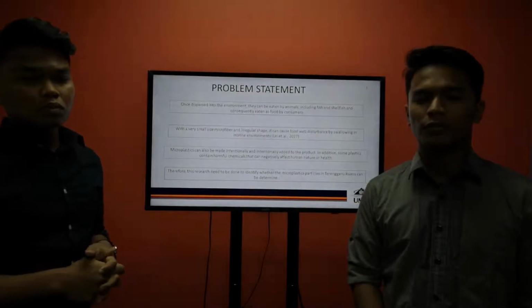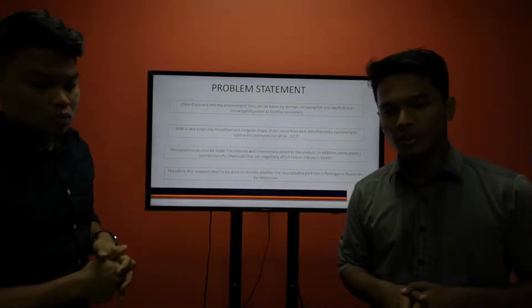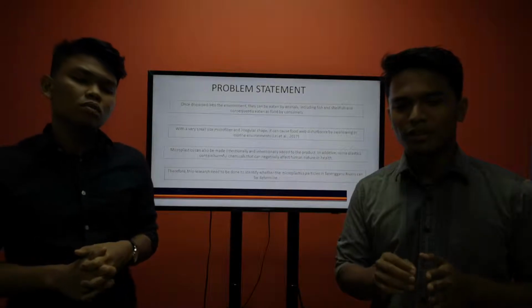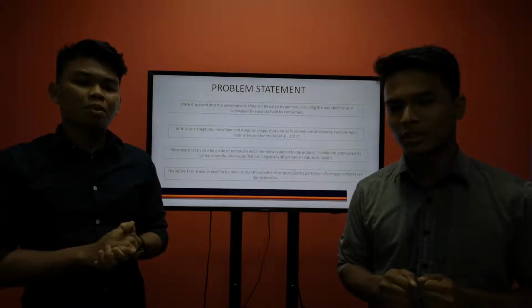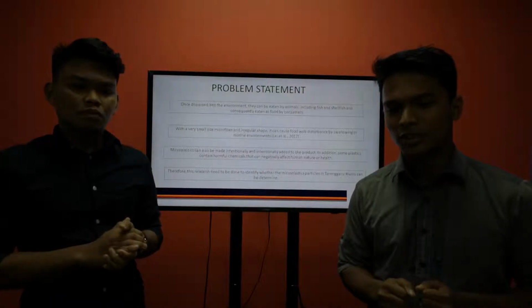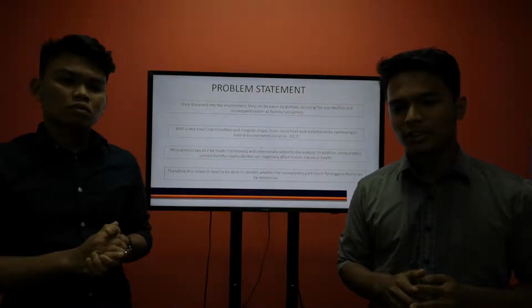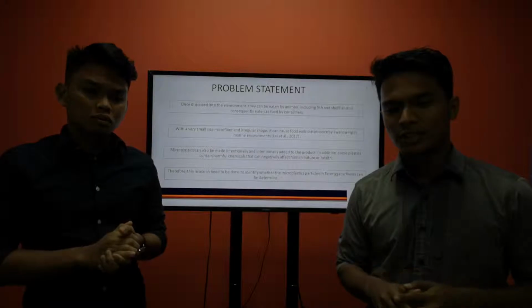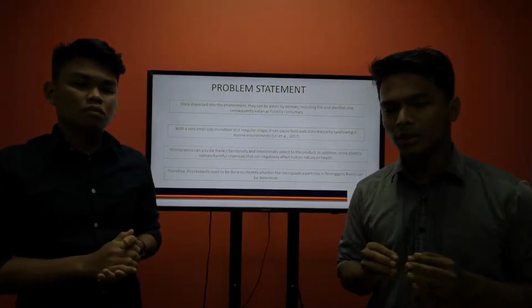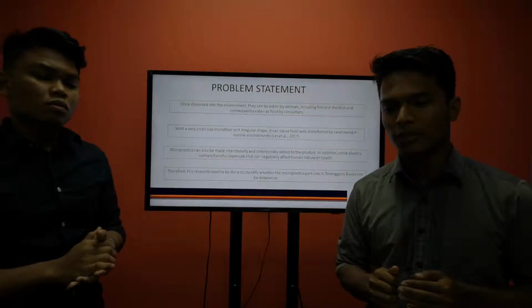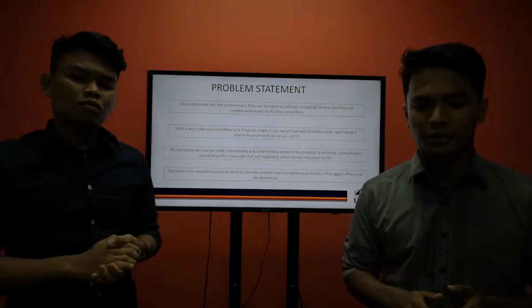For the problem statement, firstly, once dispersed into the environment, they can be eaten by animals, including fish and shellfish, and consequently eaten as food by consumers. Secondly, with a very small microfiber and irregular shape, it can cause food web disturbance by swallowing in marine environments.